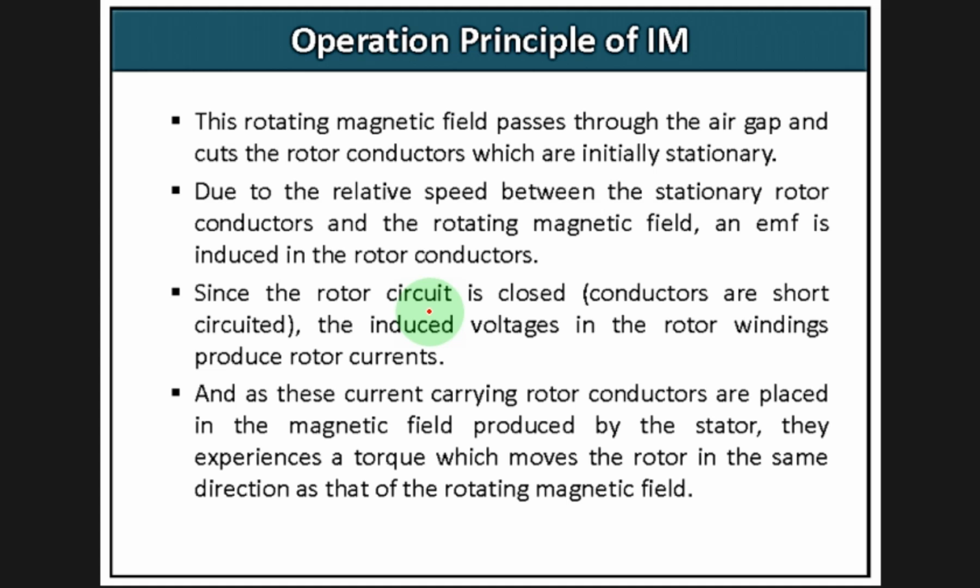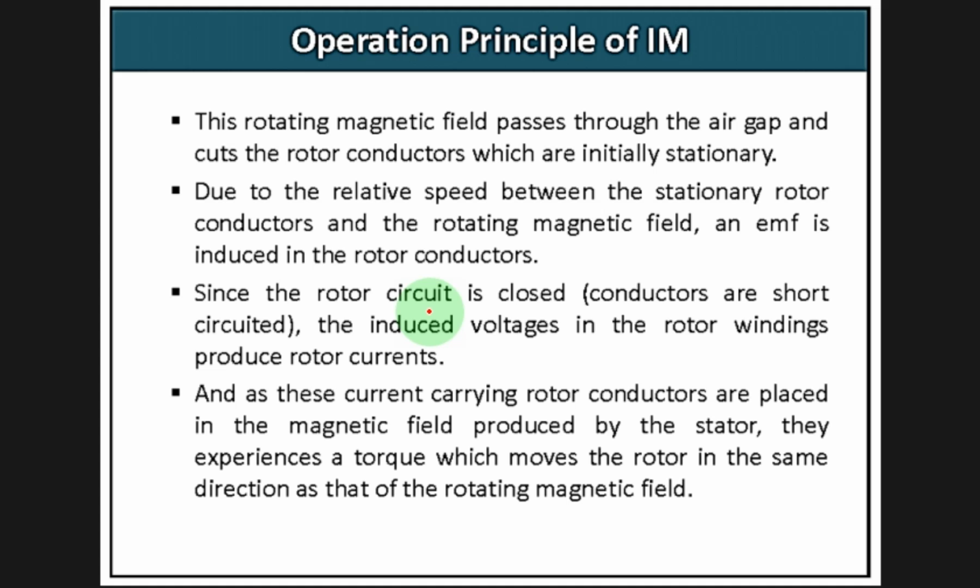As these current carrying rotor conductors are placed in the magnetic field produced by the stator, they experience a torque which moves the rotor in the same direction as that of the rotating magnetic field.